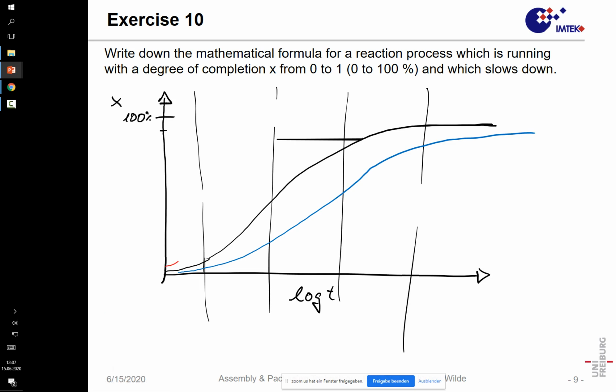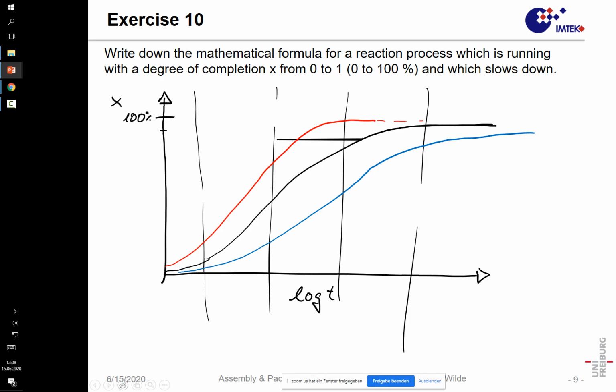So that would be red. And in that way, we approach almost 100%. In reality, it cannot react 100%. Always some molecules will be trapped. So that is a so-called sigmoidal function.